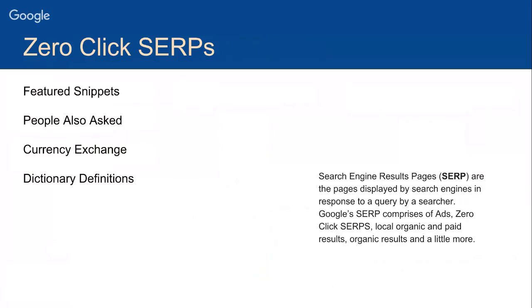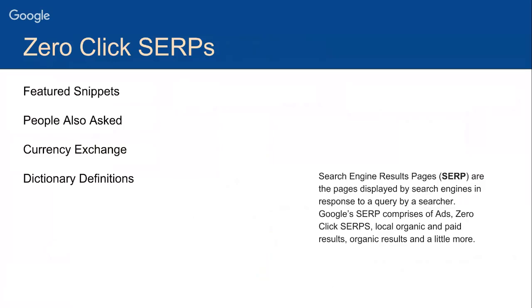And a SERP, just to define it, it's down in the corner of the slide, is a search engine results page. And it's basically when you put in a search query into any search engine, the SERP is what displays as the results on the page.